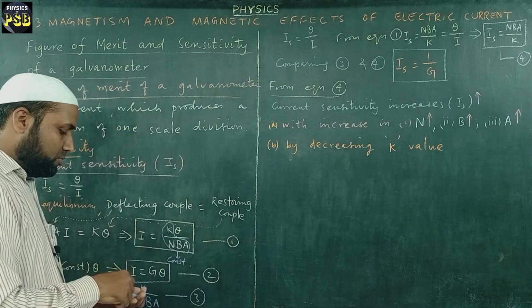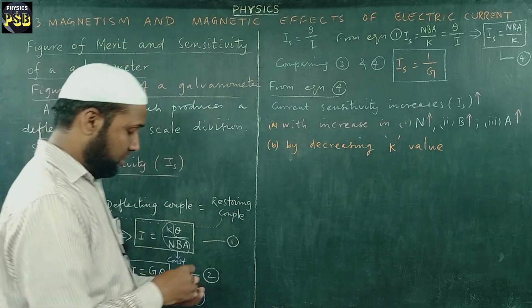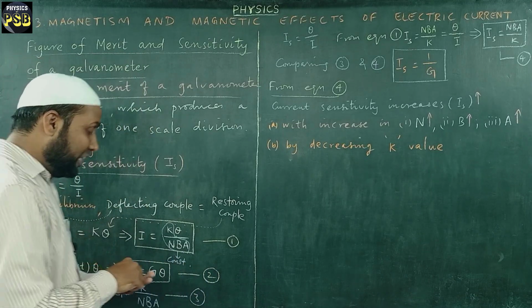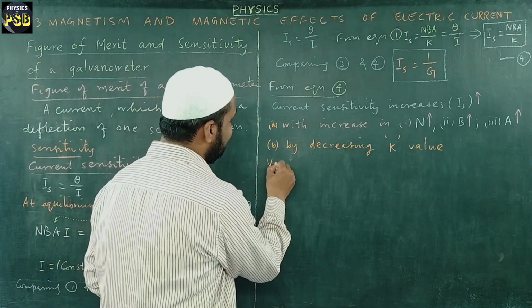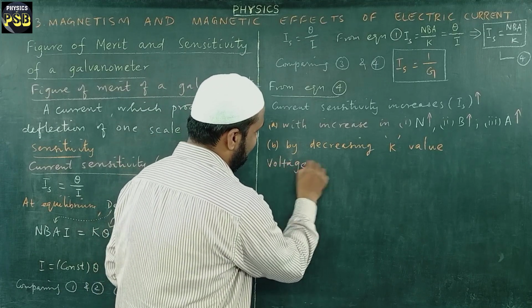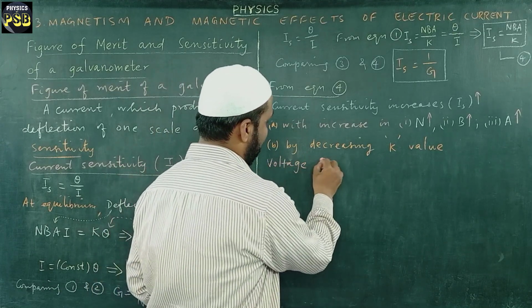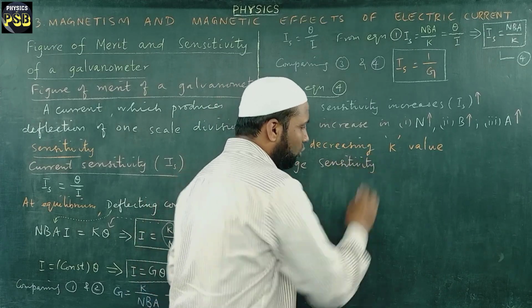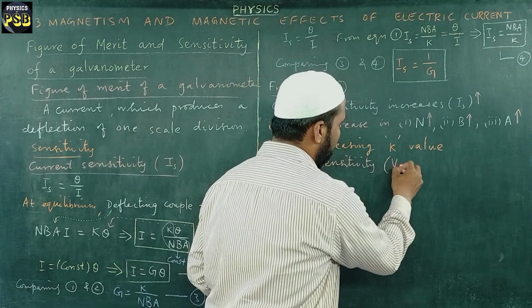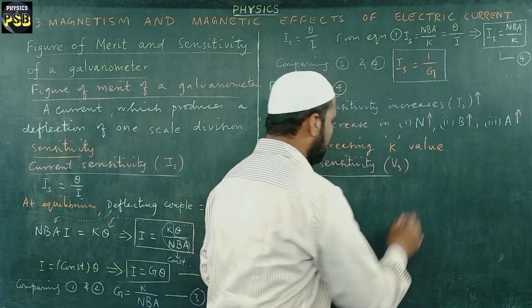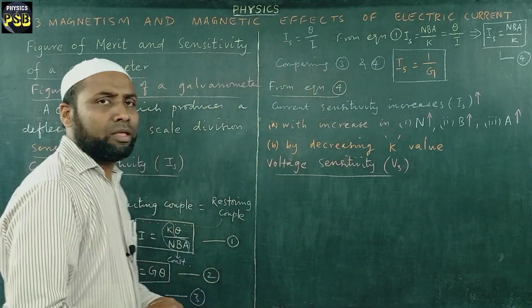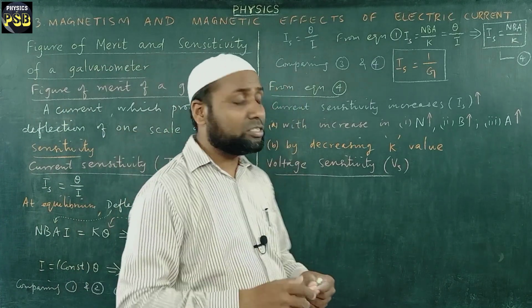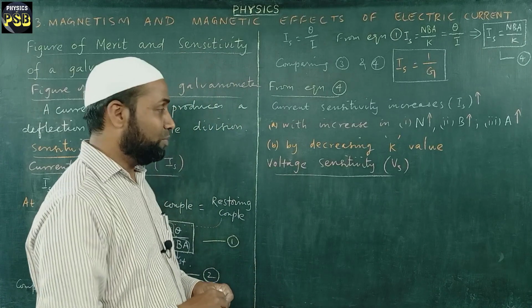Now, we'll discuss voltage sensitivity of a galvanometer. Voltage sensitivity of a galvanometer is represented as Vs, and it is nothing but the deflection produced per unit voltage across the galvanometer.